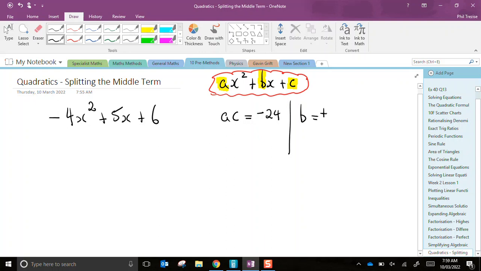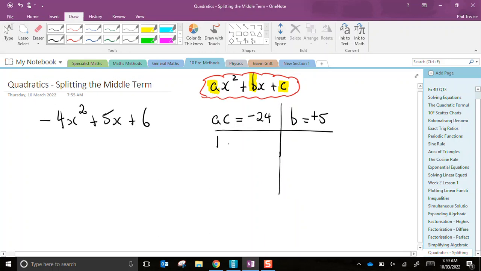b equals positive 5. Now, before we can start this process, we have to find two numbers which multiply to equal ac, numbers that multiply to be negative 24. Now, I'm going to start just with the easiest possible pair, 1 times 24.